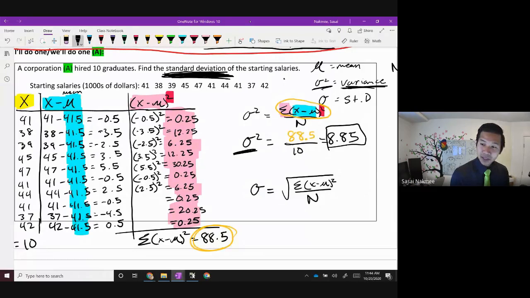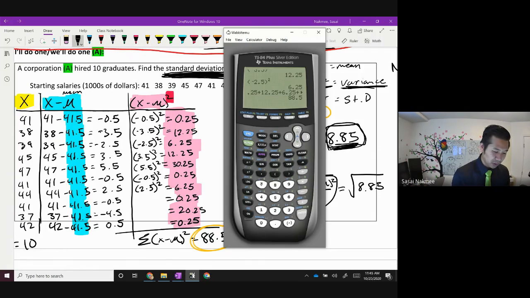To find the standard deviation, if you look, what's inside the square root is what you've already found. So all I have to do to find the standard deviation is take the square root of my answer that I just got up here, which is 8.85. So my standard deviation of this population is going to be the square root of 8.85.